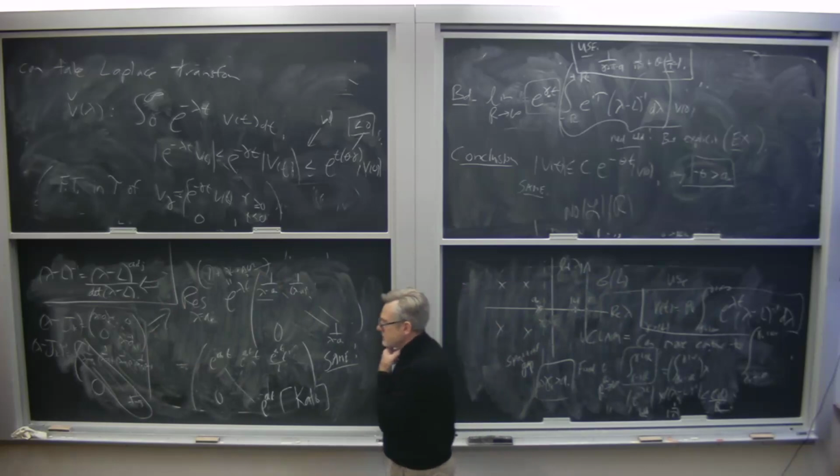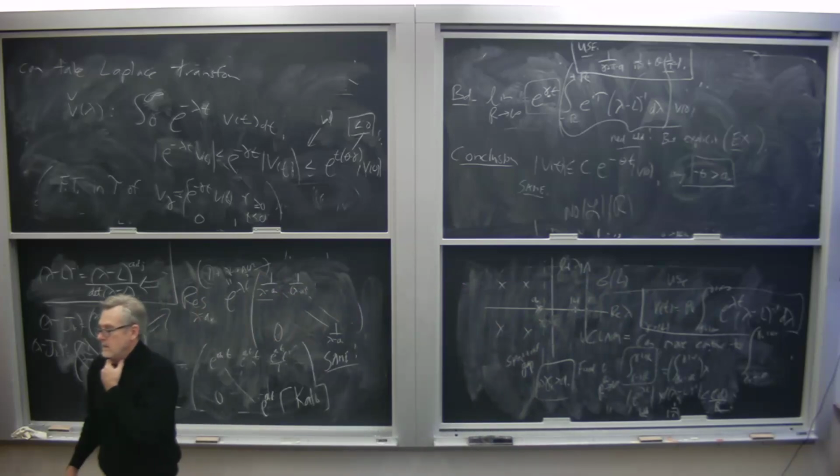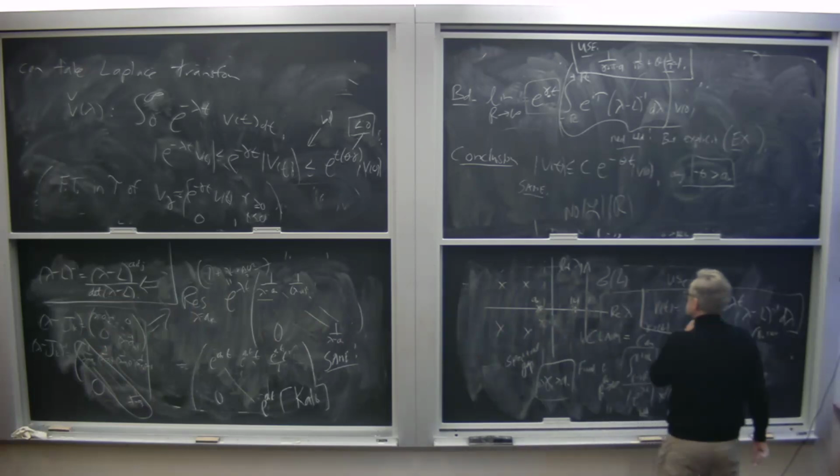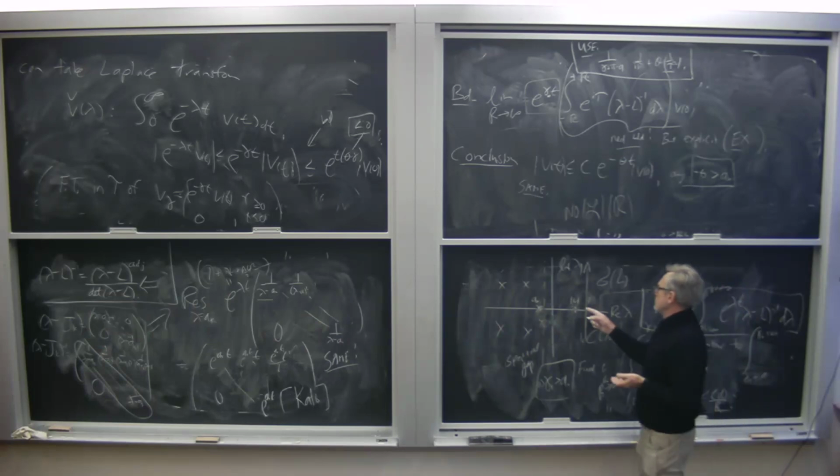Let's see, in finite dimension, am I in the wrong order here? No, because for example, a Jordan block with eigenvalue 0, the matrix norm is not 0.